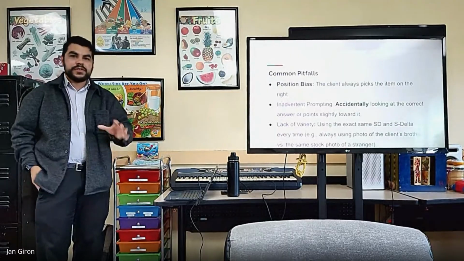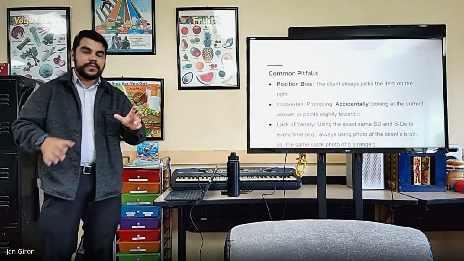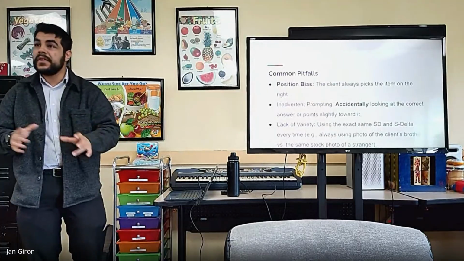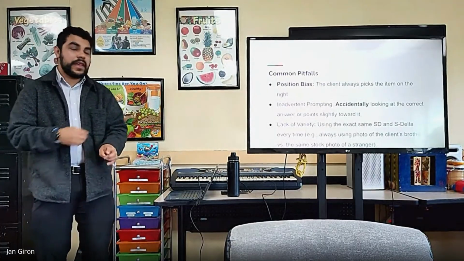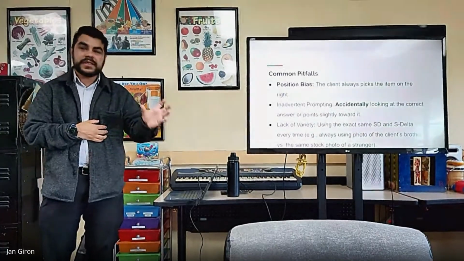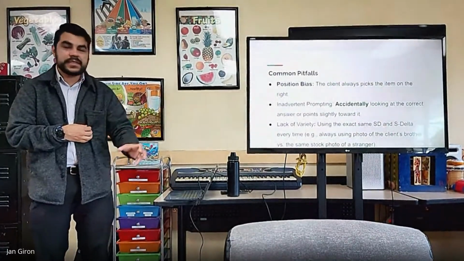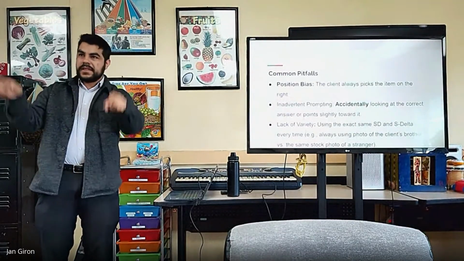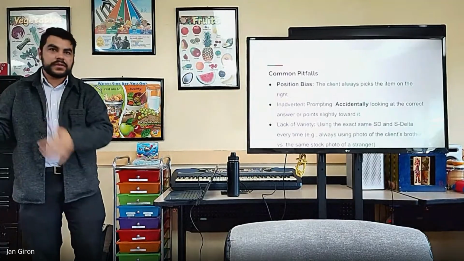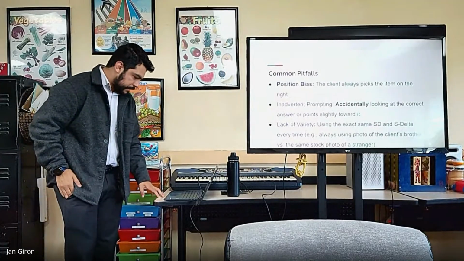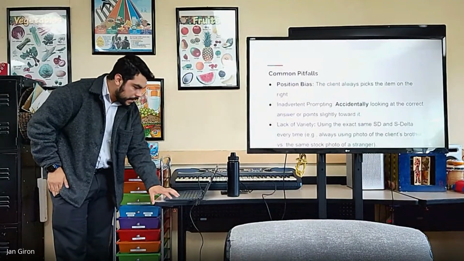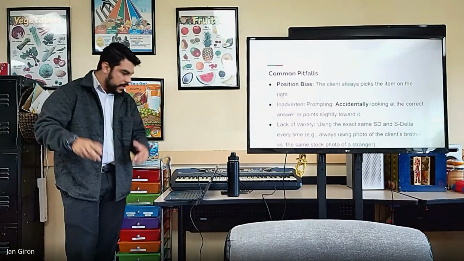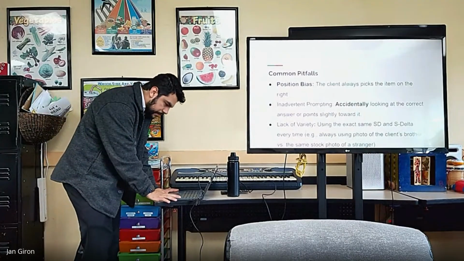Because if we're always choosing the same items, then we can fall into what is referred to as faulty discrimination, where they only respond to a certain type of stimuli. Let's say it's only a certain type of bathroom sign, one that's a triangle, instead of one that's a square that you may encounter when you're out and about. The way you would solve this is adding a little bit of variety here and there.